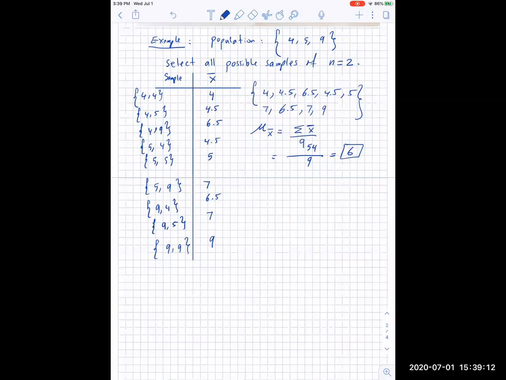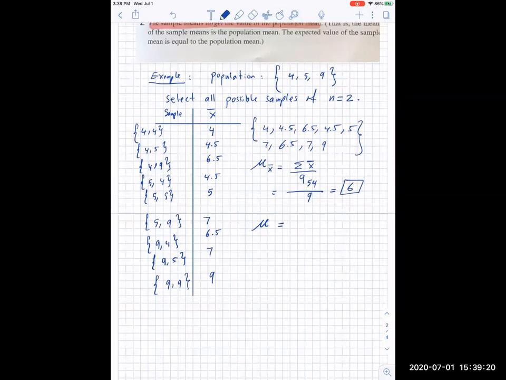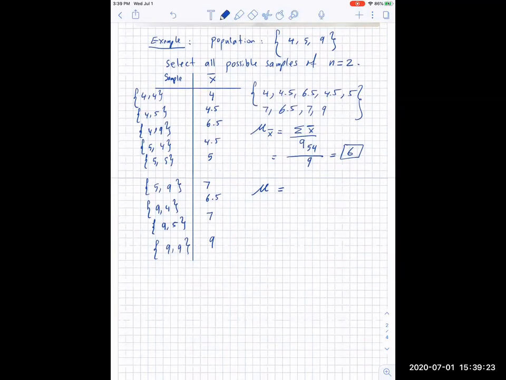Now, let's go to the population and find the population mean. My population is 4, 5, 9. So I take 4 plus 5 plus 9, and then I divide by 3: 18 over 3, 6. Same. So the mean of the sample means is equal to the population mean.